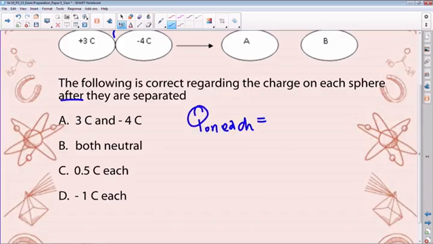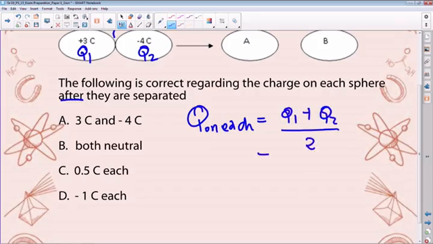So Q, which is the charge on each sphere after separation, is the net charge. Net is the sum, which means, let's say this is Q1 and this is our Q2, which becomes (Q1 + Q2) over 2, right? So in this case, we have 3 coulombs plus -4, divided by 2.